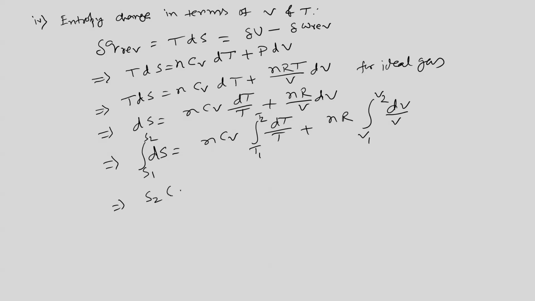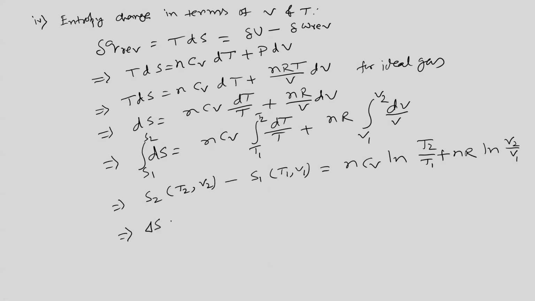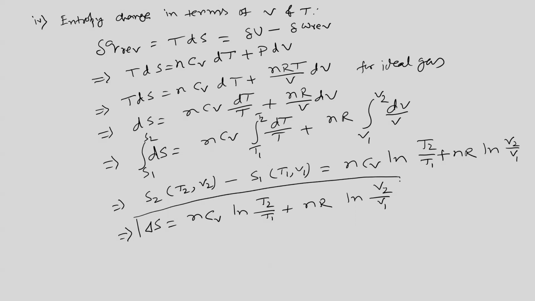So, S2 minus S1 is n Cv ln T2 by T1 plus nR ln V2 by V1. So, we get delta S is n Cv ln T2 by T1 plus nR ln V2 by V1. So, this is the entropy change in terms of volume change and temperature change.